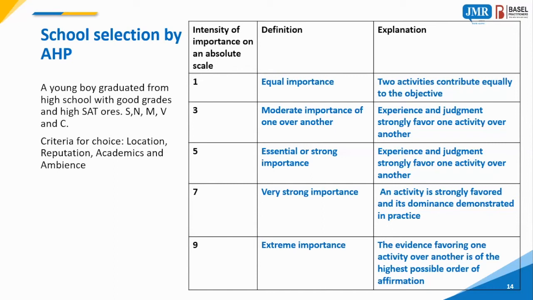The basic philosophy of AHP is that human beings can say this variable is more important than the other variable, but it is not humanly possible to classify 5 or 8 or 20 variables together and rank them consistently.